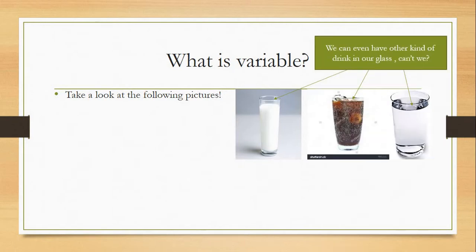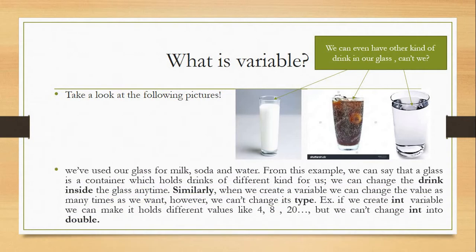We can even have other kinds of drink in our glass, can't we? So, we have used our glass for milk, soda, and water. From this example, we can say that a glass is a container which holds drinks of different kinds for us.